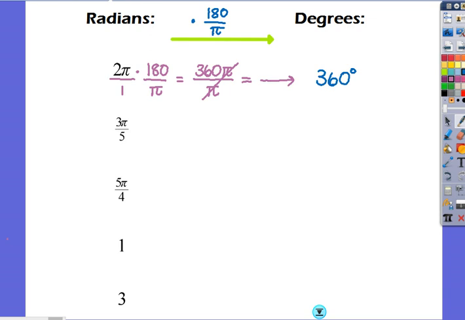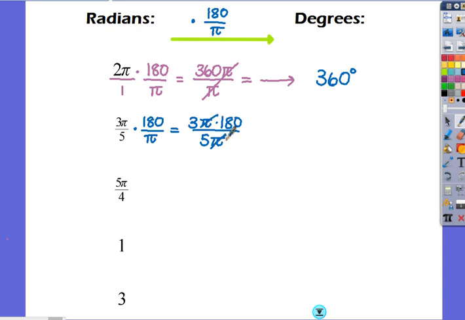3 pi over 5, you could either think of that as taking your 180, splitting it into 5 pieces, and then taking 3 of those. Or we could use our conversion factor. Sometimes it's easier to not even multiply those, because you can see that those pi's should cancel out, right? Pi divided by pi is 1.